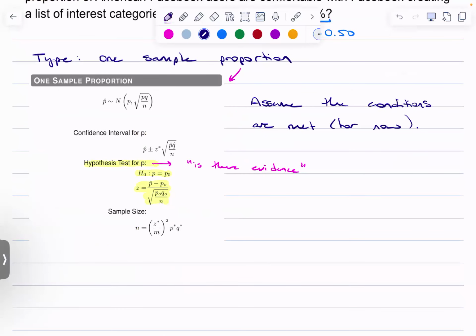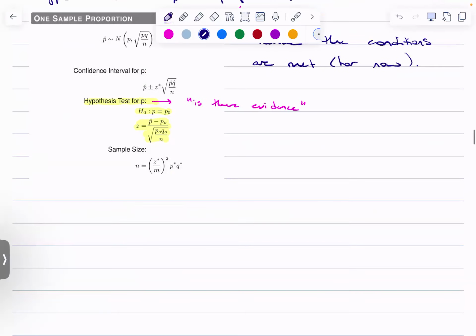Let's call this step 0, which we're skipping. Step 1, state the hypotheses. As I mentioned last week, you don't have to give me the steps.